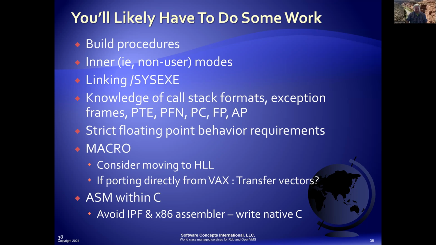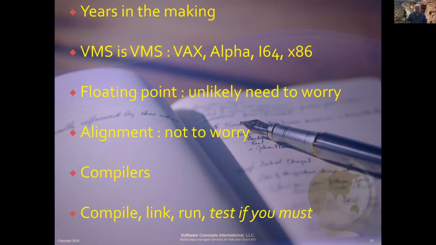Macro, besides Macro-32, it's time to port that to some high level language, C or Bliss or whatever you like. As for assembler within C, my recommendation is avoid it unless you have no choice. So VMS is VMS. That's kind of the upshot of the whole thing.